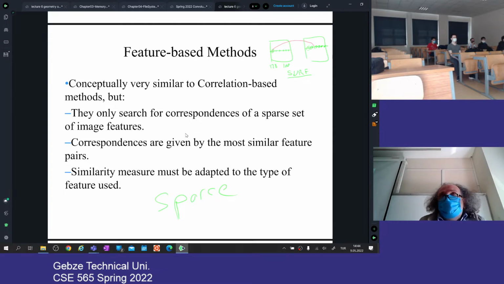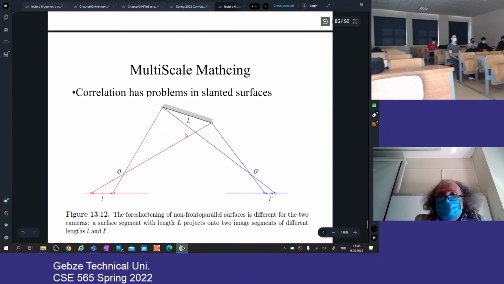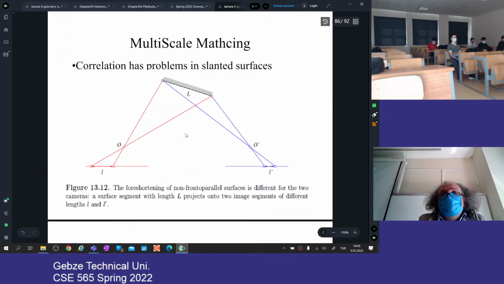I don't have to know the exact depth of the ground pixels one by one. If I know the depth of the nearby objects that I can collide with, that should be enough for me. That's why we say that for some applications we don't need dense correspondences. And at other times dense correspondences are not possible, as I said before.